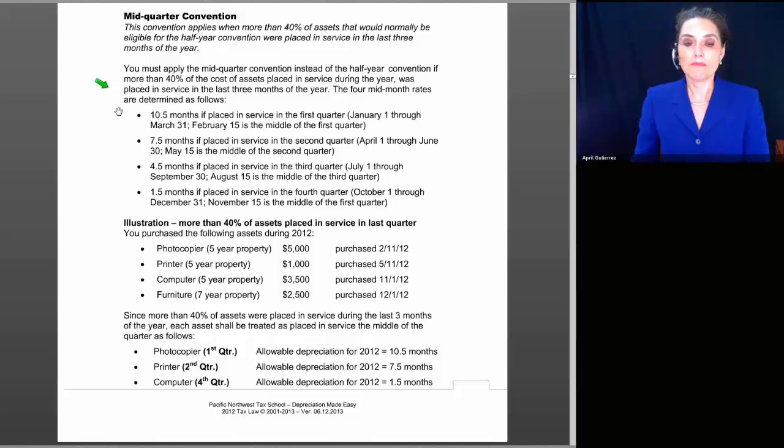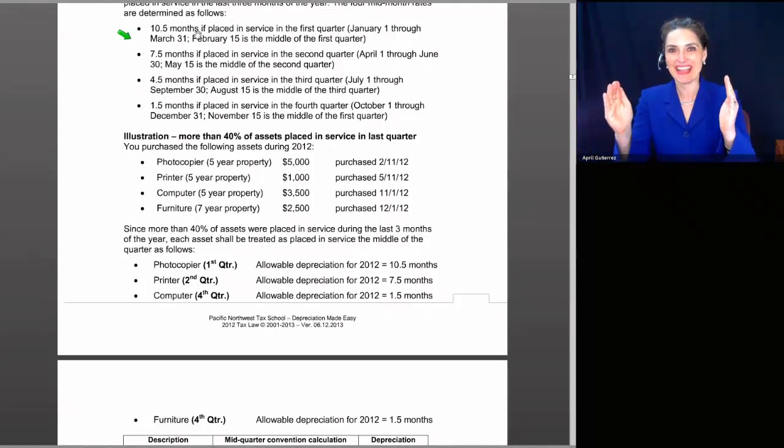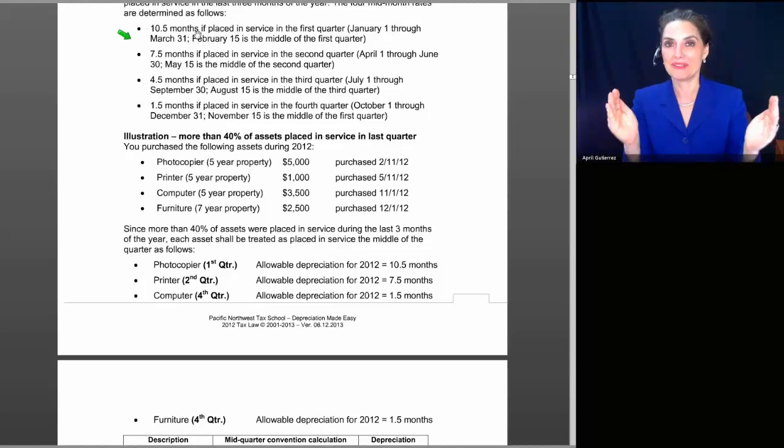The 4 mid-month rates are determined as follows. 10.5 months if placed in service in the first quarter. That's January 1 through March 31. Well, if you look at that 3-month period, January through the end of March, the middle of that 3 months, so you can see my hand, the middle of that 3 months is February 15. And I think we figured out in the first illustration of the day that February 15 means we have 10.5 months of depreciation.